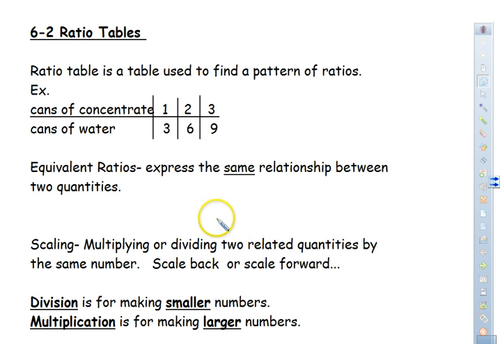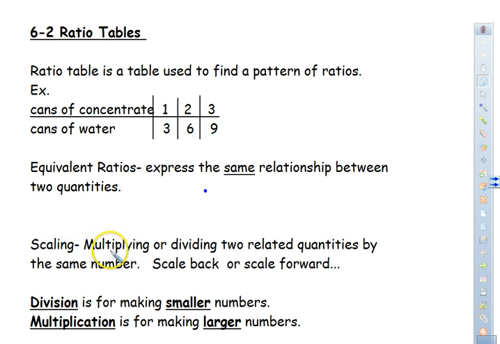And if you want to look at equivalent ratios, each one of these ratios, 1 to 3, 2 to 6, and 3 to 9, are all equivalent ratios. In fact, if you look at them as fractions, you can see that 1/3 is equal to 2/6, and 1/3 is also equal to 3/9. So those are some ways to look at that.